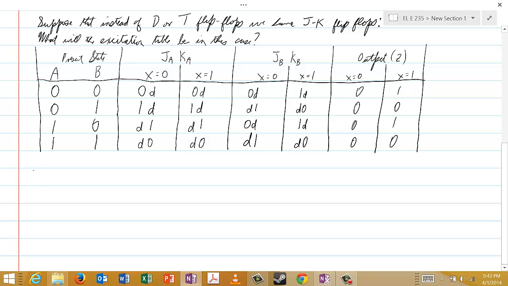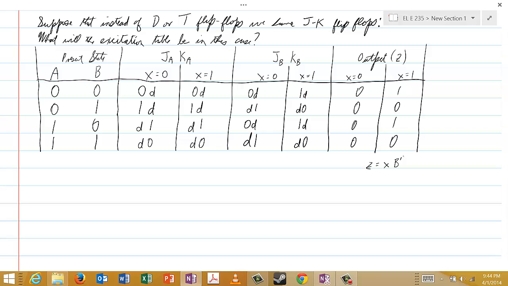Well, first of all, we've done this problem now a couple of times, and we know already that Z is equal to X B prime. That doesn't depend on the kind of flip-flop that you're using.